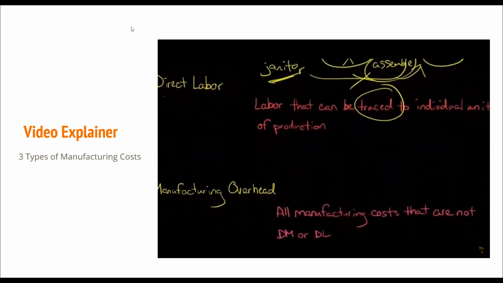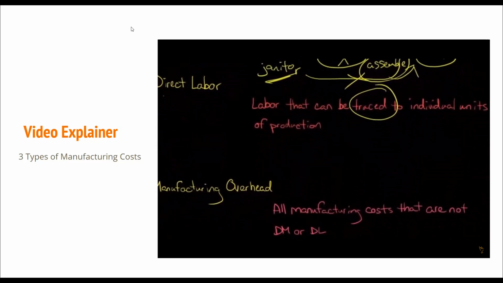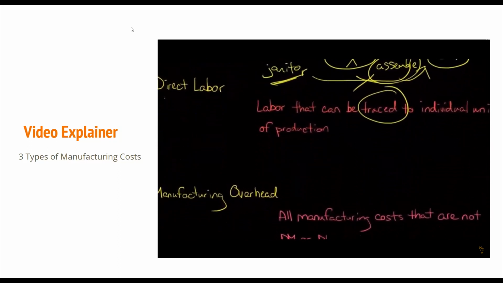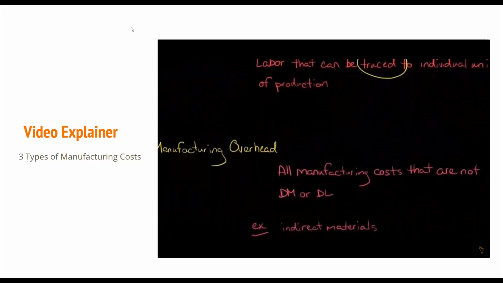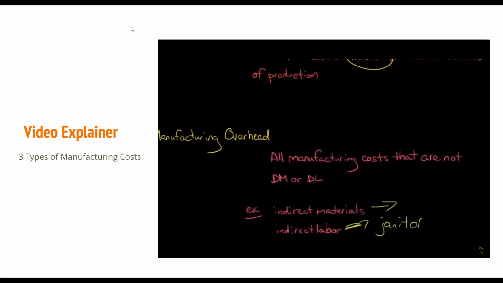Manufacturing overhead is generically everything that's not direct materials or direct labor. I'll give some specific examples so you'll understand a little better. When we think about indirect labor, I just gave the example of the janitor. Indirect materials might be a little more difficult to understand. Maybe there's some glue that was used to put together something that in turn was put into the car.